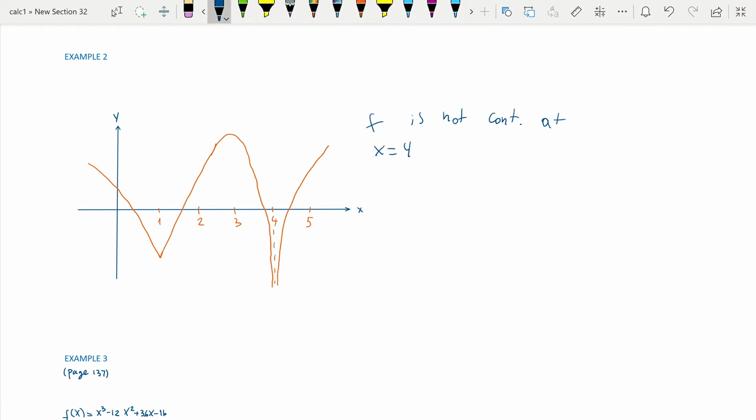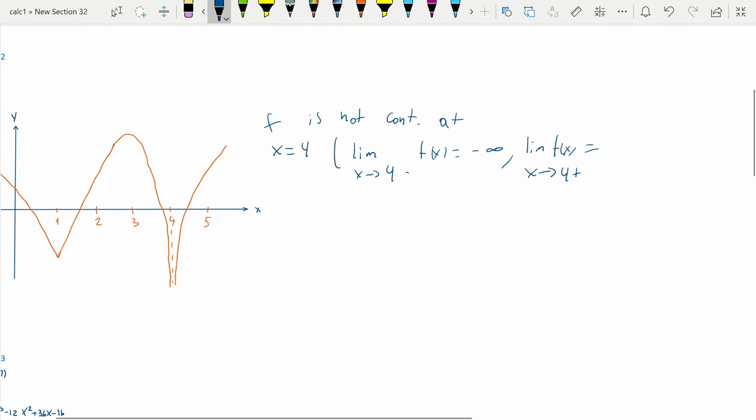We see that the limit when x approaches 4 from the left and from the right is equal to minus infinity.